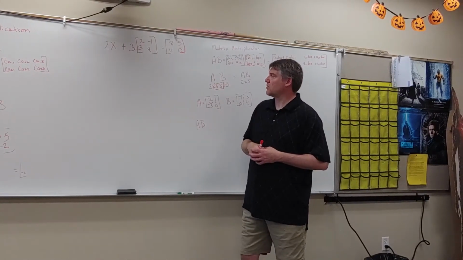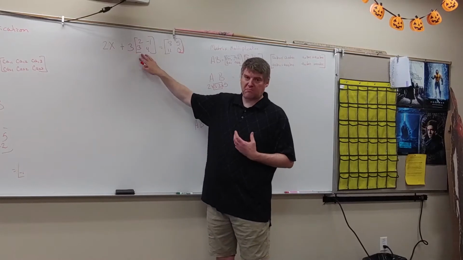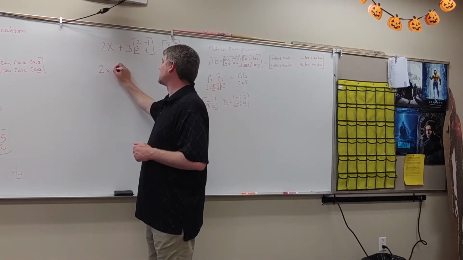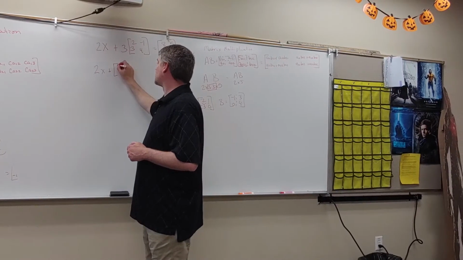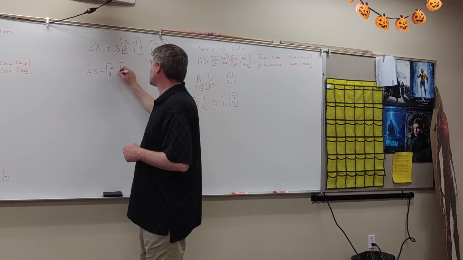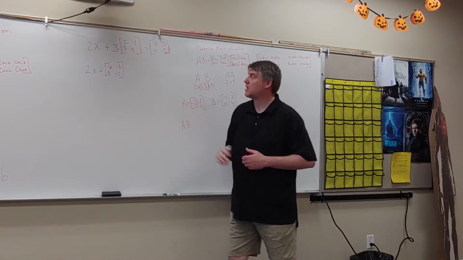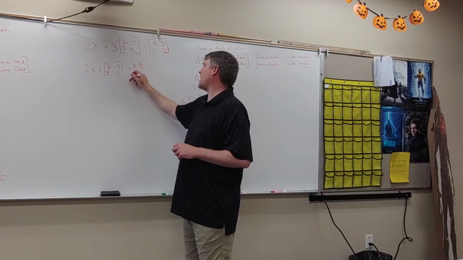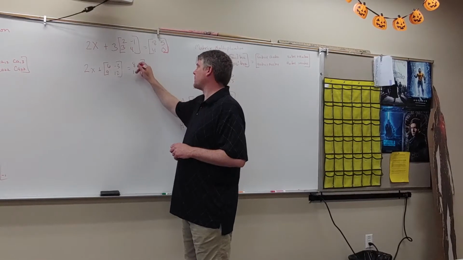The first thing I'm going to do is multiply in by this scalar. So I have 2X plus 6, -3, 9, and 12. I'm just multiplying every single number in here by 3. That equals 8, 5, 11, 0.